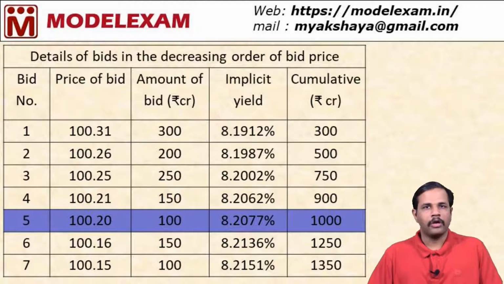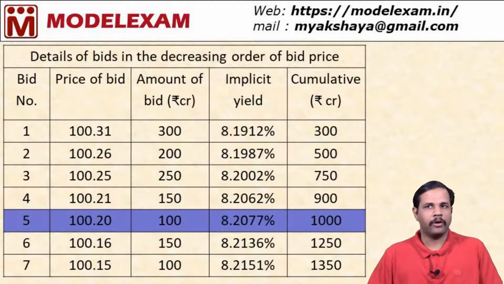Because you must be aware that price and yield are oppositely related. It means that if you quote a higher price, you are expecting a lower yield. Normally governments prefer a lower yield. In the sense, the government prefers a bidder who is quoting a lower yield, in other words, who is quoting a higher price. So here the bids are arranged in descending order.